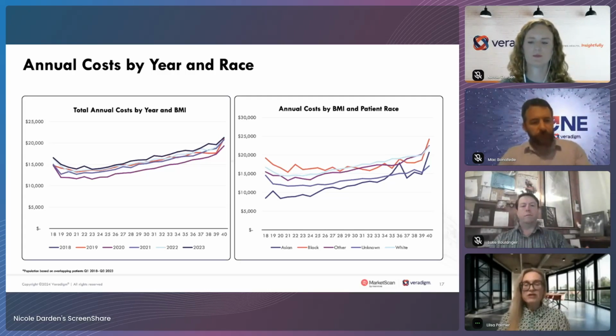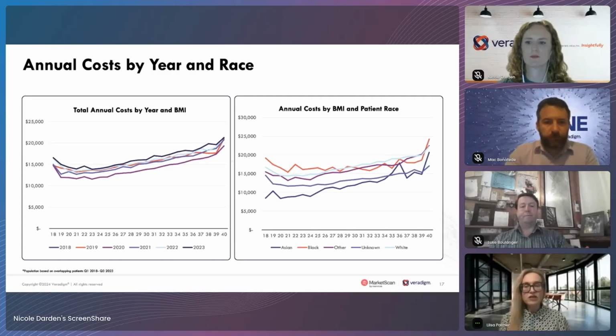One of the things to remember here, for those of you on the call who are familiar with MarketScan, is that in addition to being able to report annual costs, you are able to break down these figures. So you could see future iterations of these kinds of reports done based on where and the types of services that are generating these costs. You can do those service category distinctions that you can do now using your MarketScan data.